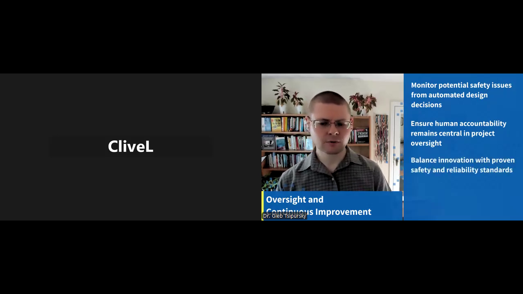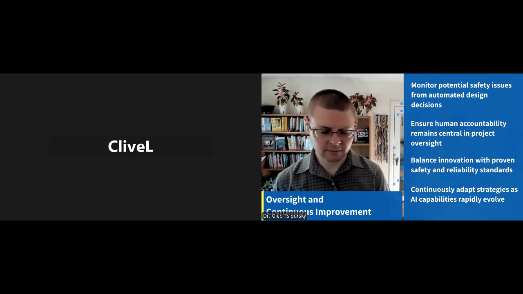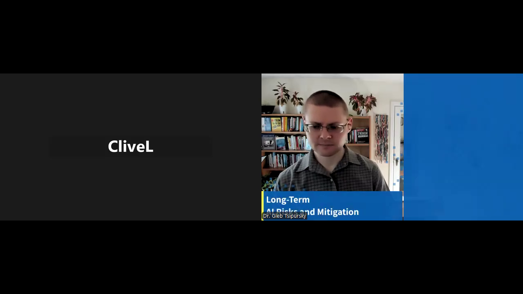Balance innovation with proven safety and reliability standards, and continuously adapt strategies because AI is really getting better and better over time. Just this week there were some new image generation tools that came out with OpenAI and other labs, improving all the time the kind of designs that you can provide. So be aware and keep track of what's going on for improvements.